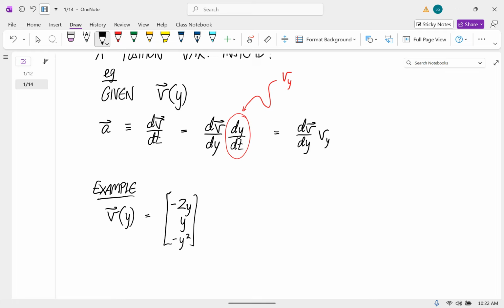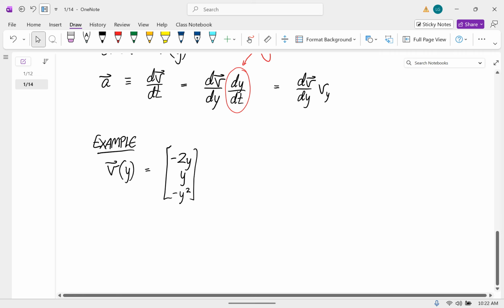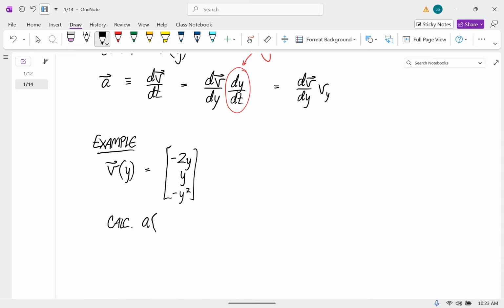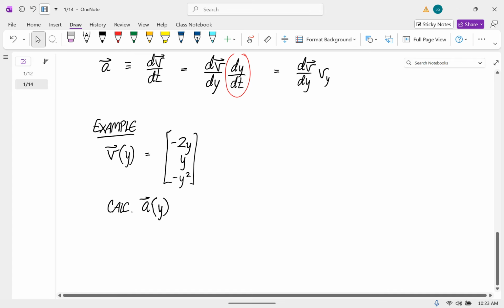If you know the height, this gives you the velocity vector at that height. And we want to calculate the acceleration as a function of that height. We want to do that because then we can use Newton's laws to go to forces and everything. So how are we going to do this?